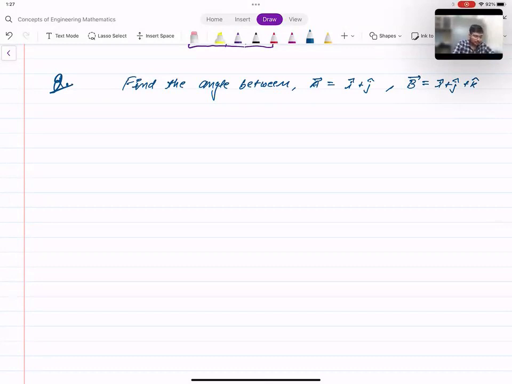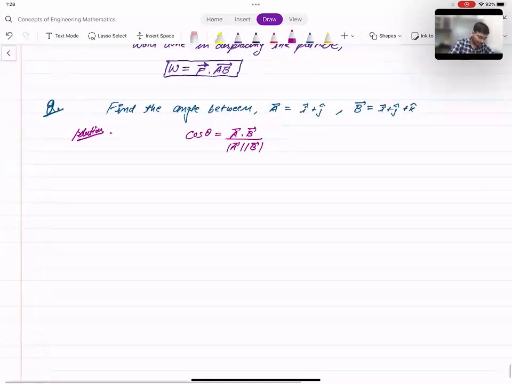To find the angle, we know that the cosine of the angle between them is the dot product of vector A and vector B divided by the magnitude of vector A and the magnitude of vector B. So let us see what the dot product is.